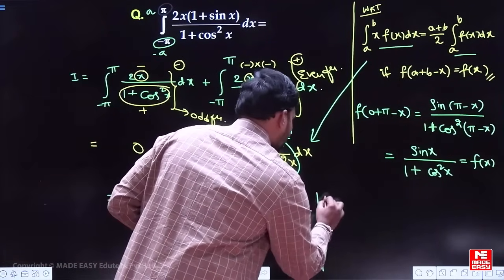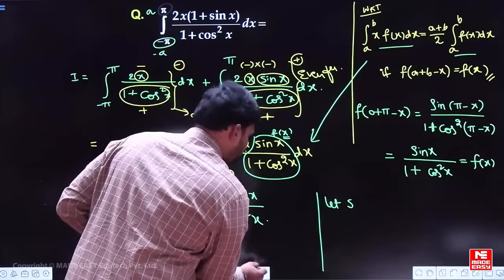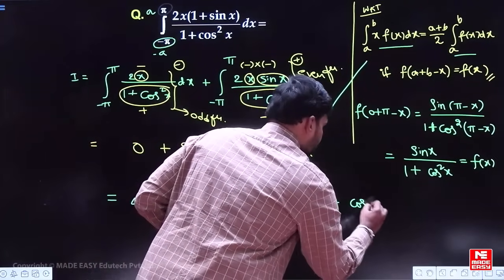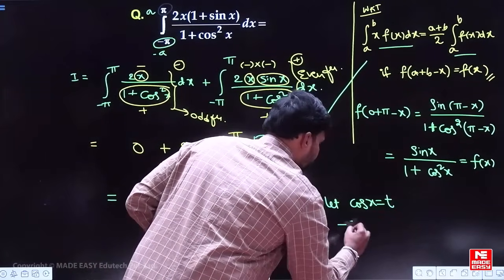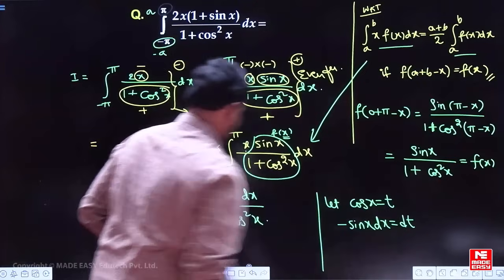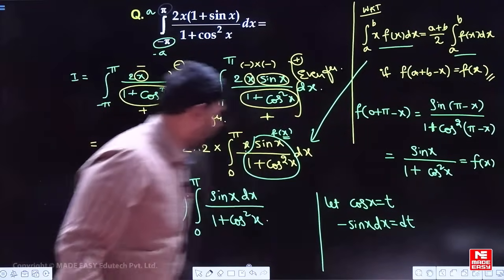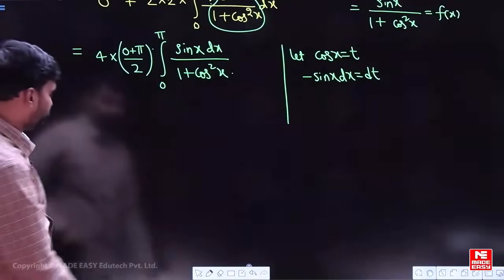Now what I do is let cos x is equal to t. So differentiation of this one is minus sin x dx is equal to dt. Now I am going to integrate with this.